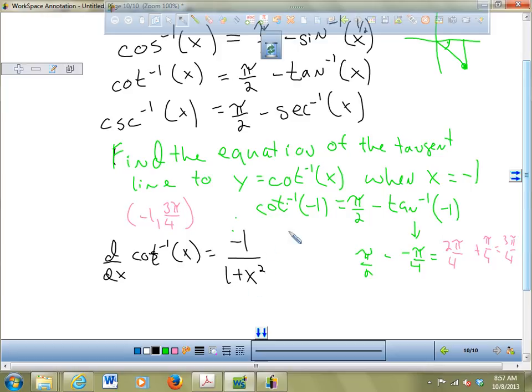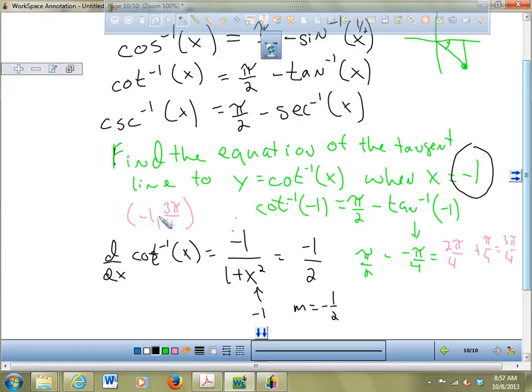And then I just plug in -1 there, and I get -1 over 2, which is the slope, equal to negative 1/2.